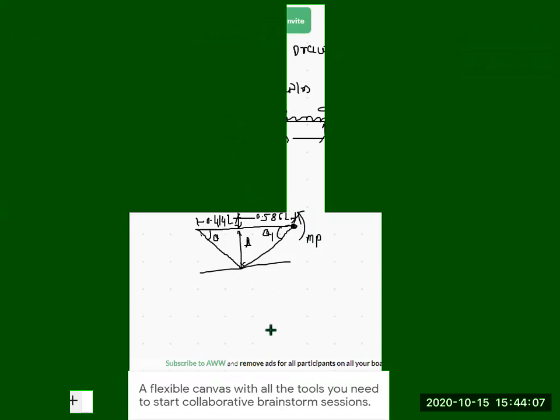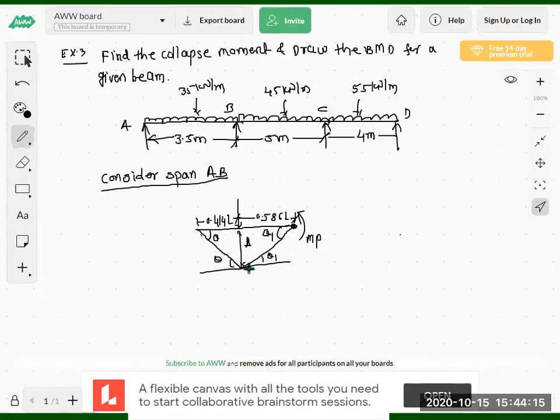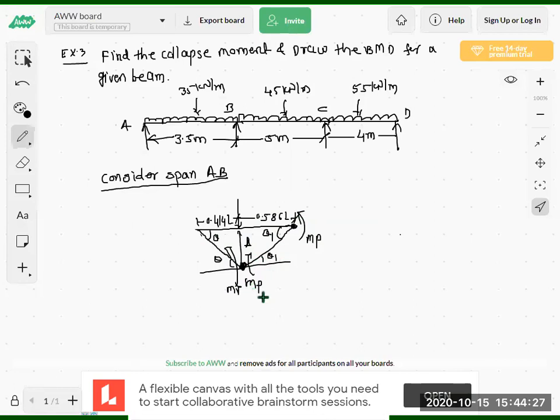Now this is theta 1, and this is again theta 1. This one is theta. Here MP will be present, and here again MP will be present, because due to this UDL the point load will be converted here and at this point a hinge will form and MP will be present. So this is the mechanism for this beam.